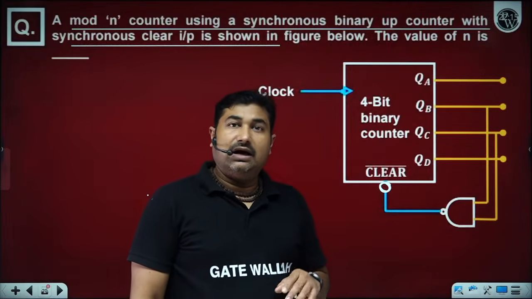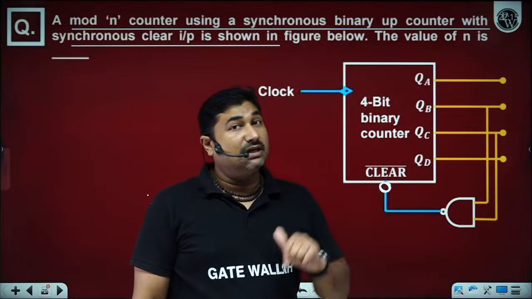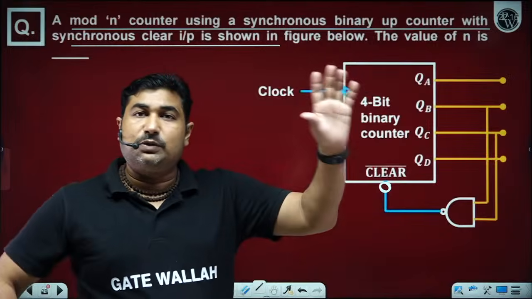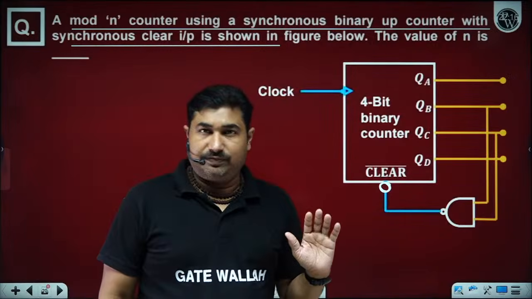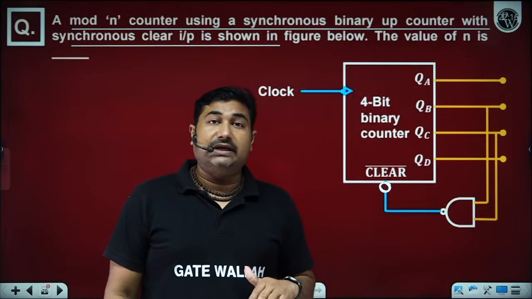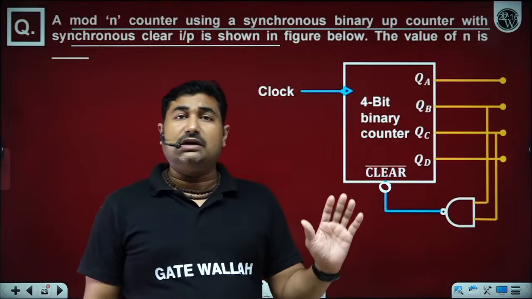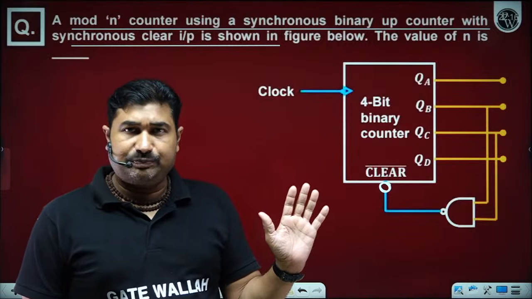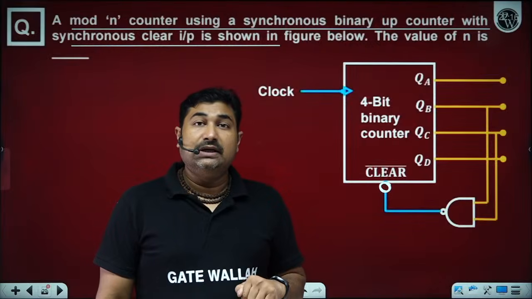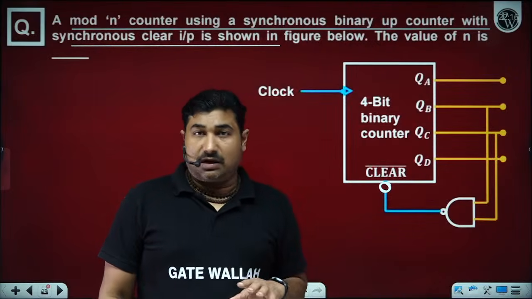The asynchronous clear pin is used in asynchronous counters: whenever the condition appears, irrespective of whether the clock appears or not, all the flip-flops are reset. However, in case of a synchronous clear pin, the clear pin is synchronized with the clock.